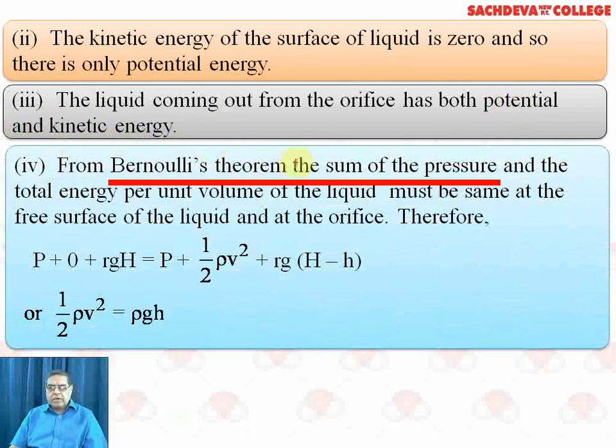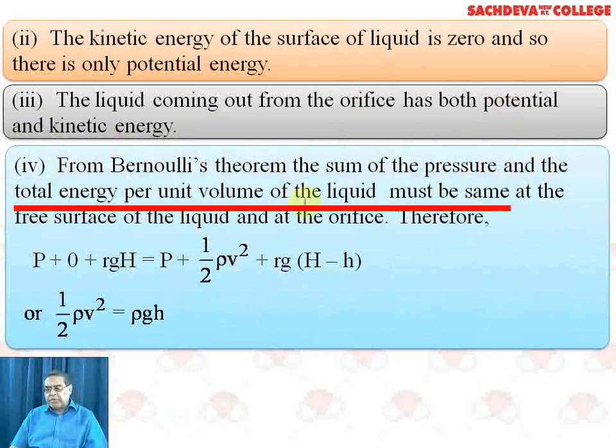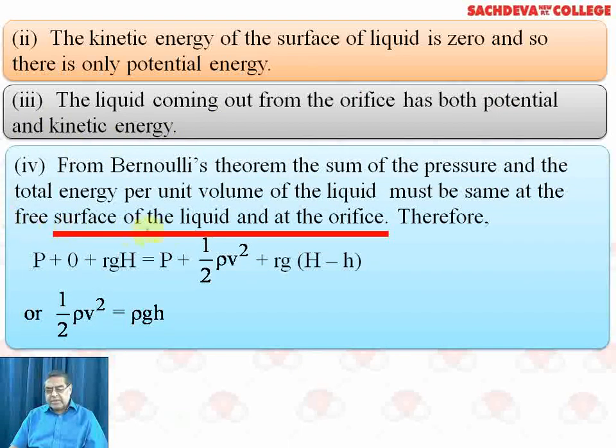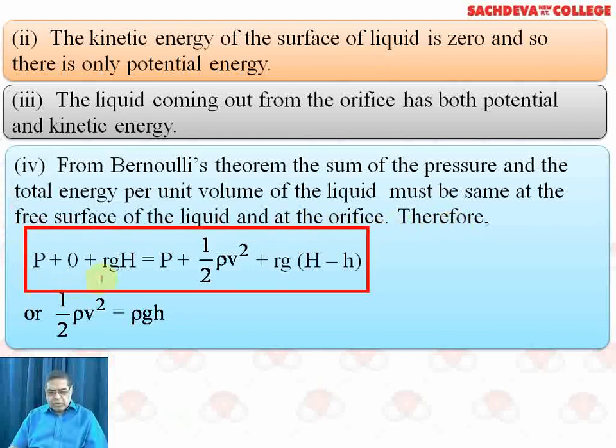From Bernoulli's theorem, the sum of the pressure and total energy per unit volume of the liquid must be the same at the free surface of the liquid and at the orifice. Therefore, P + 0 + ρgH will be equal to P + ½ρv² + ρg(H − h). Rho is mass over volume.